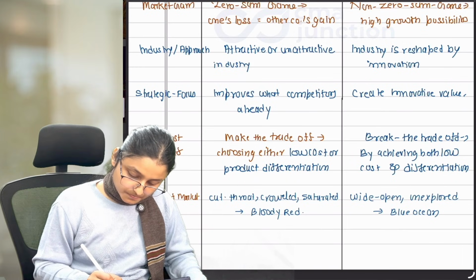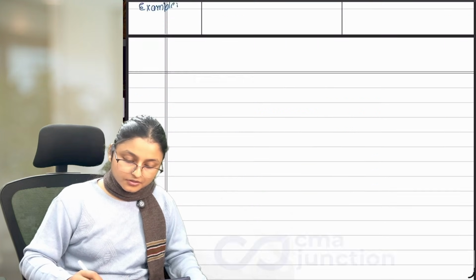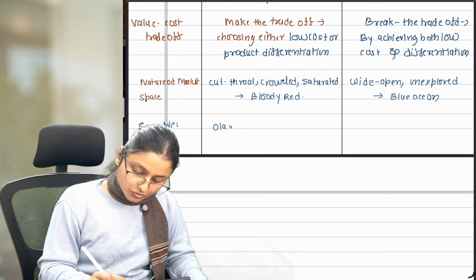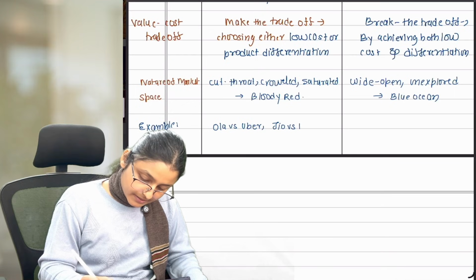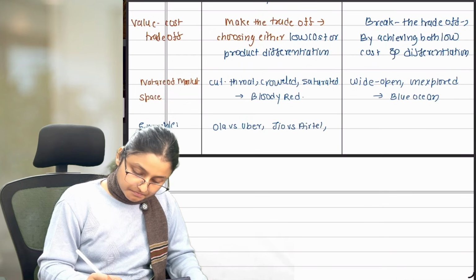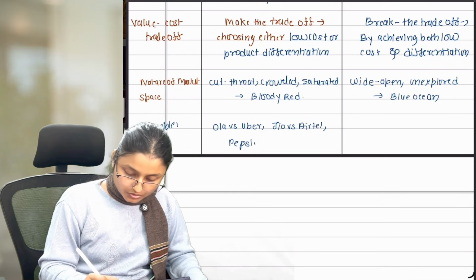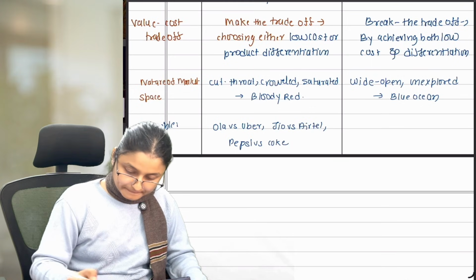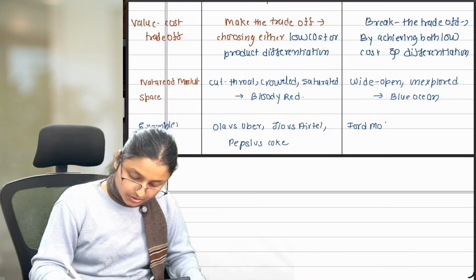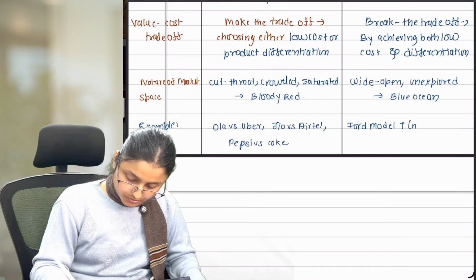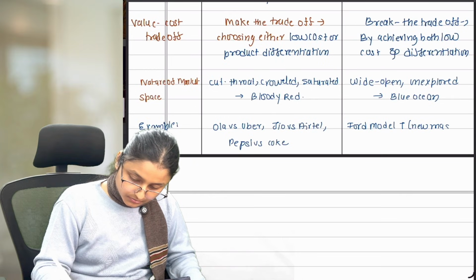Examples. Here we have Ola, Uber, Jio, Airtel, Pepsi, Coke. And here we have Ford Model T, new mass market car.